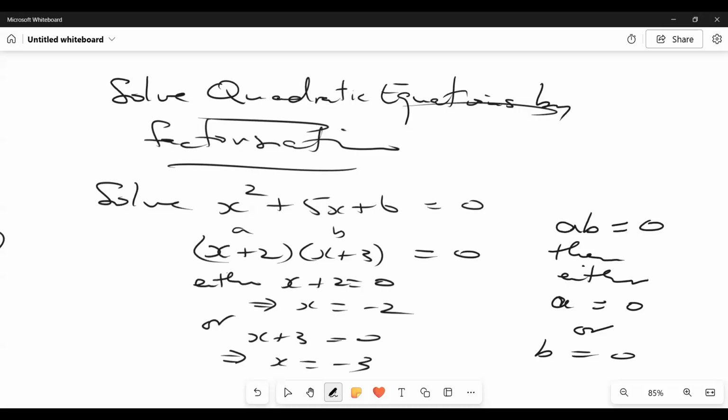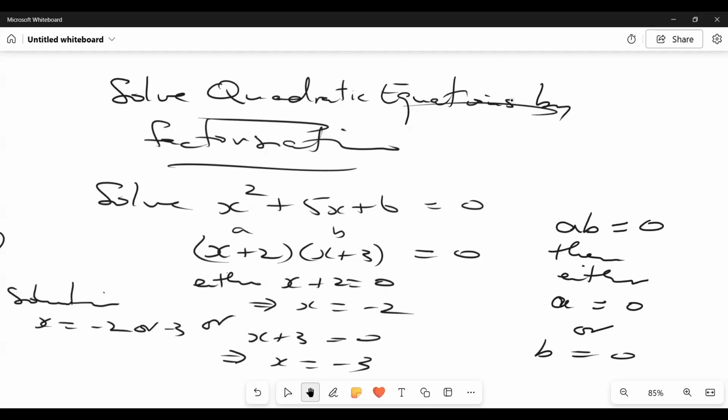So your solution: x equals minus 2 or minus 3. And that's a simple way that you use factorization to solve quadratic equations.